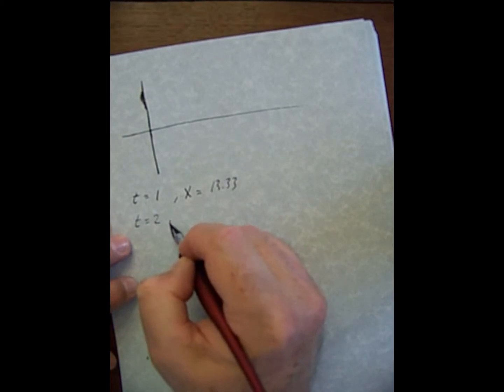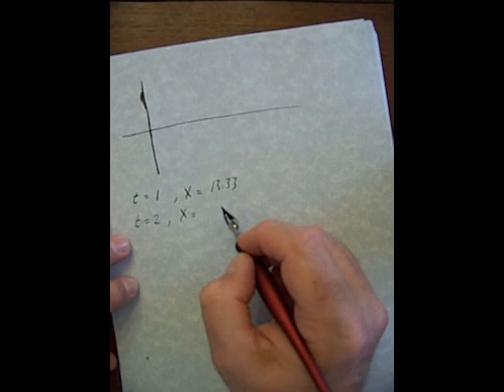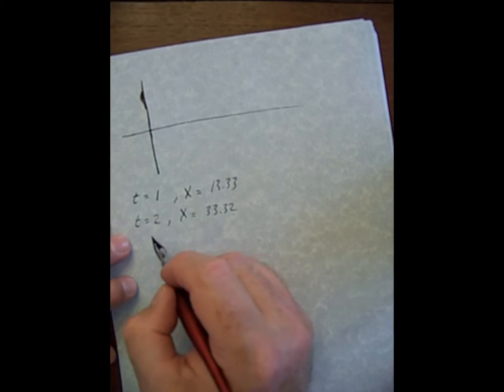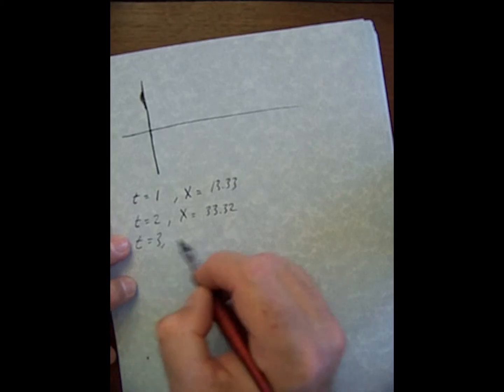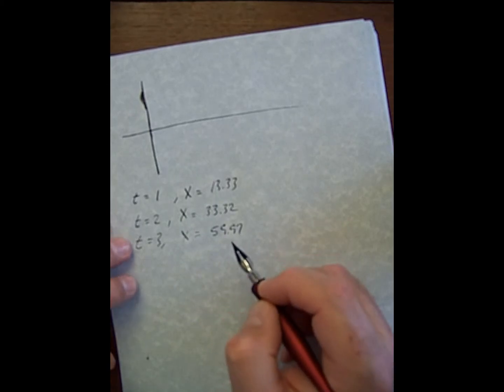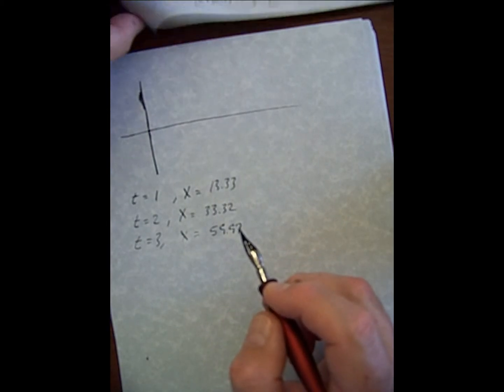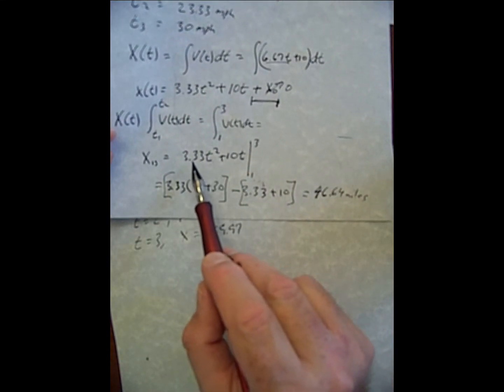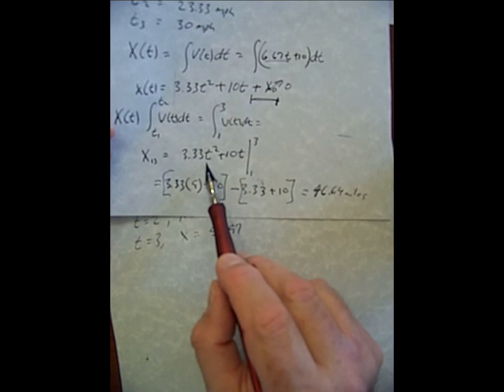At t equals 2, x equals 33.32. At t equals 3, x equals 59.97. And all I'm doing is evaluating this equation for t equals 1, 2, and 3.